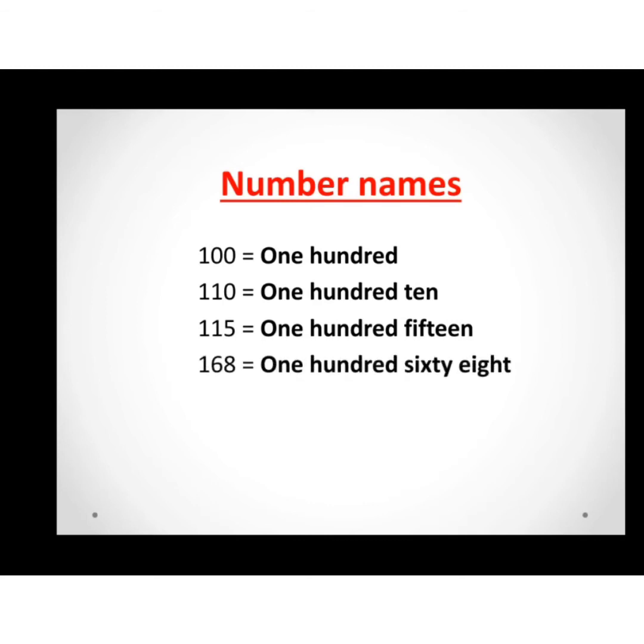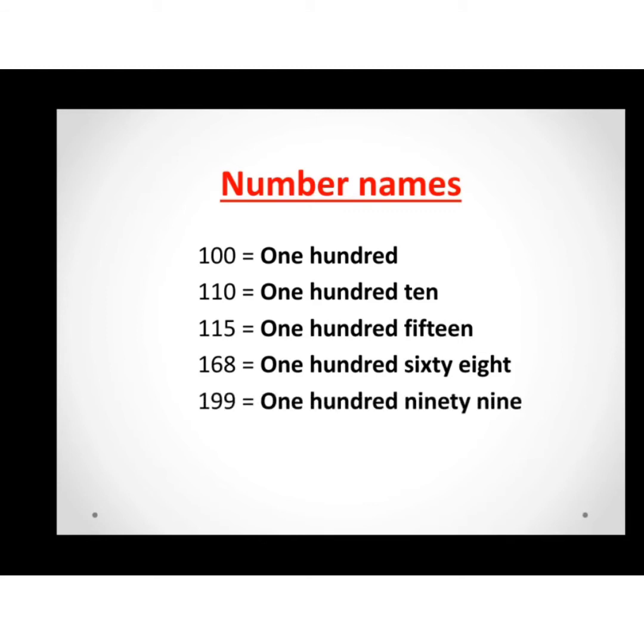For 168, first you have to write the spelling of 1, ONE, then 100, HUNDRED 100, then SIXTY 60 and at last EIGHT 8.